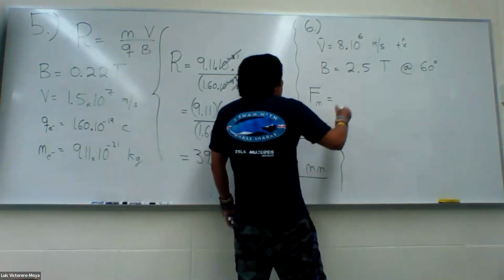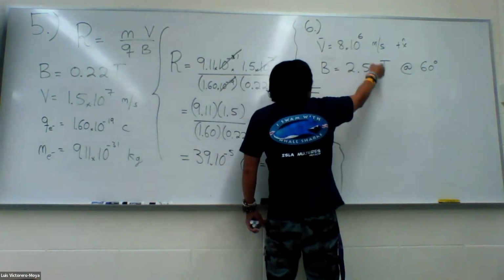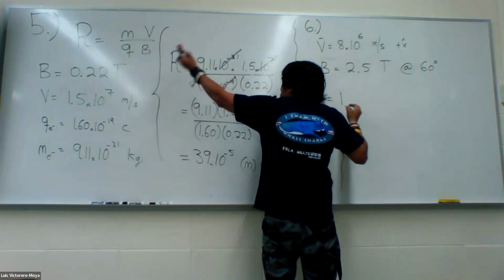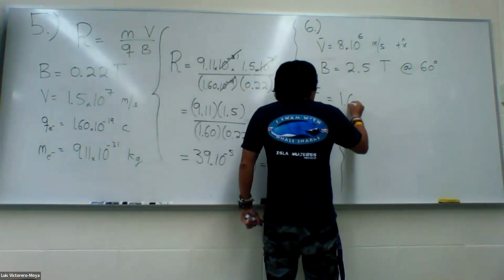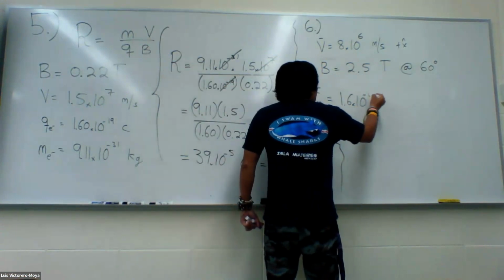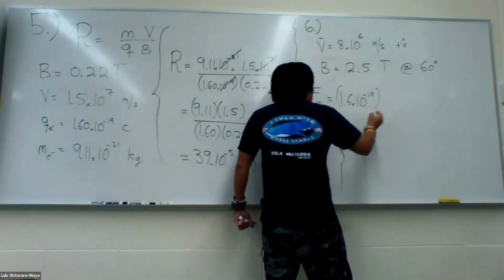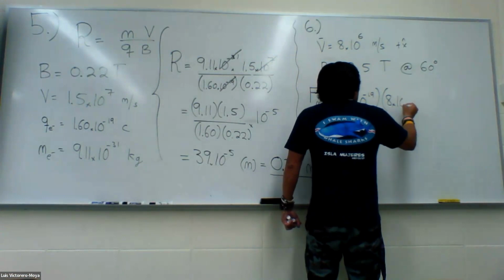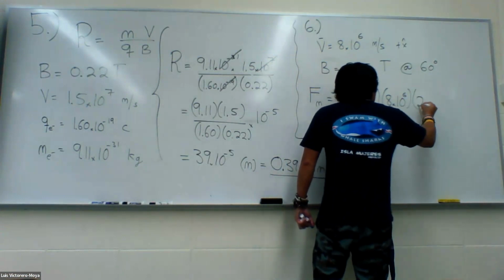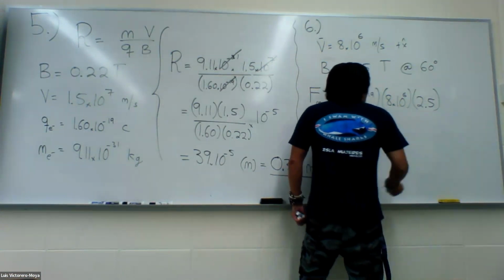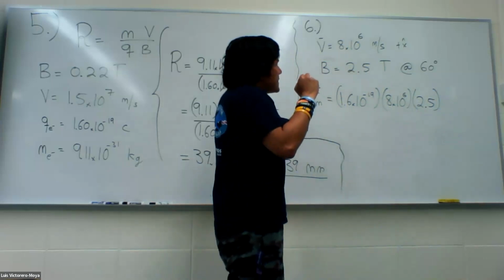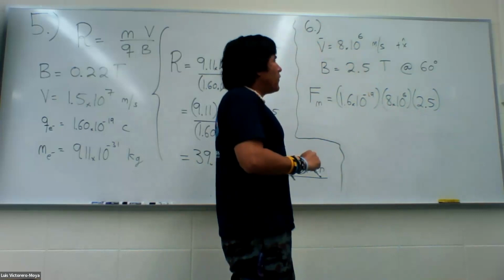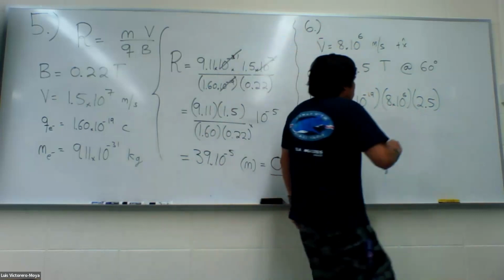So everything is in SI units. The equation is 1.6 times 10 to the negative 19, Q, V, and sine of theta, the angle between the velocity and the magnetic field, which is 60 degrees.